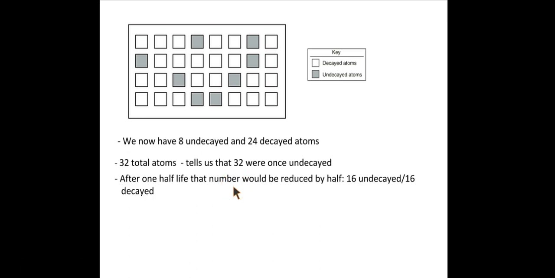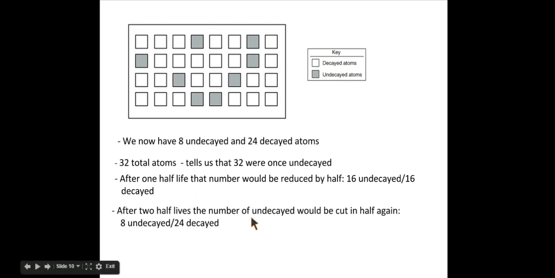So if I start with 32, after one half-life, that number would be reduced by half. So I would have 16 undecayed and 16 decayed. Well, I know I don't have that. I have fewer undecayed than that. So I know that I actually need to cut it in half again.